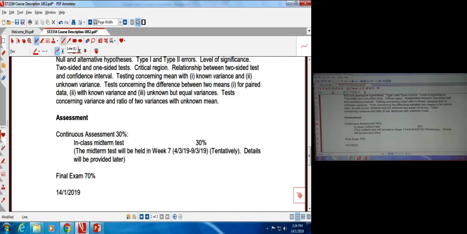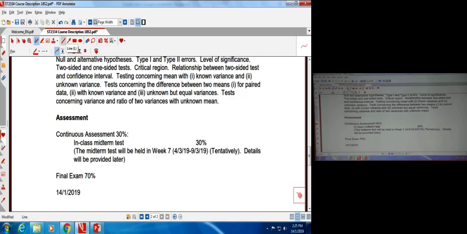This is tentative, that's what I remember. I need to verify and confirm with the other lecturers. But there's 30% for the midterm test. It's likely in week 7, one week after the semester break.